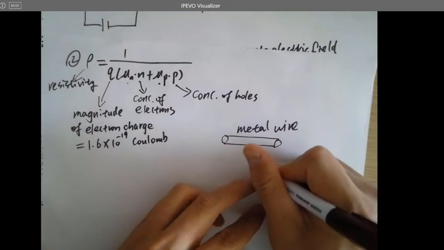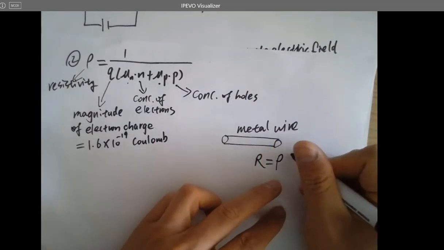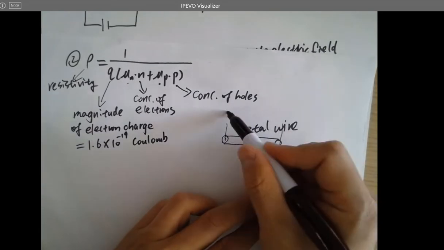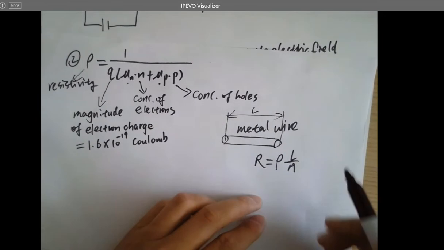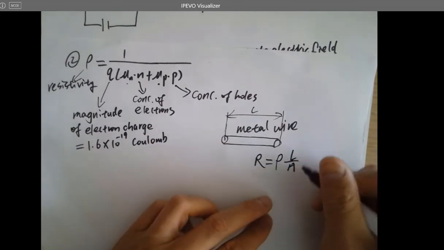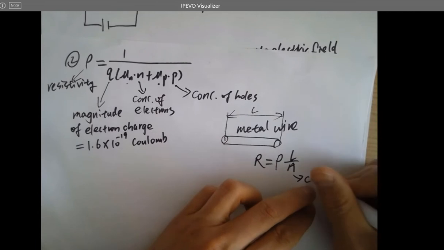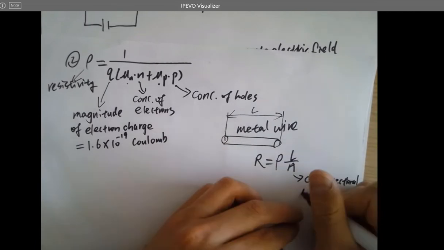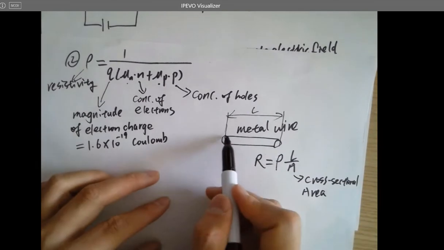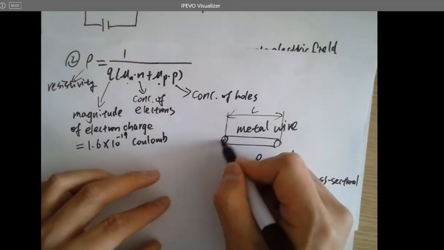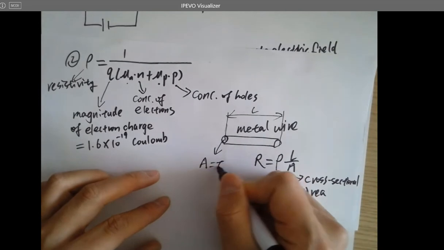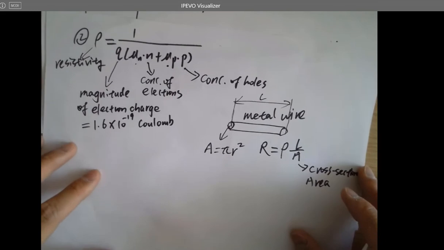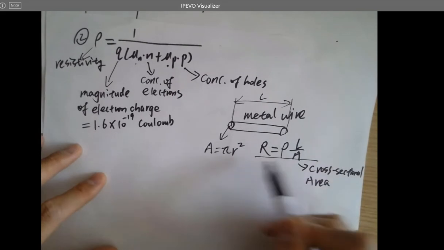So resistance is the resistivity times L over A. L is the length, and A is the cross-sectional area, which is this circular shape. So A equals pi r squared. That's the resistance of this piece of material.